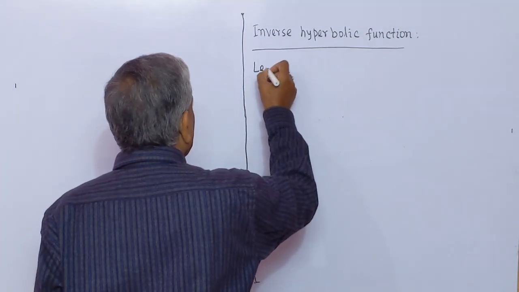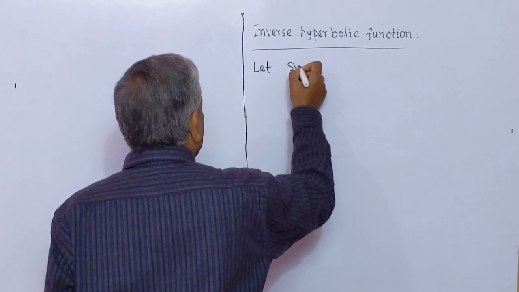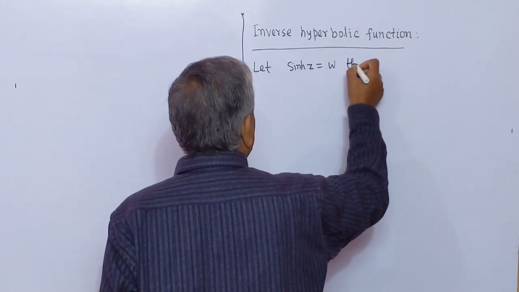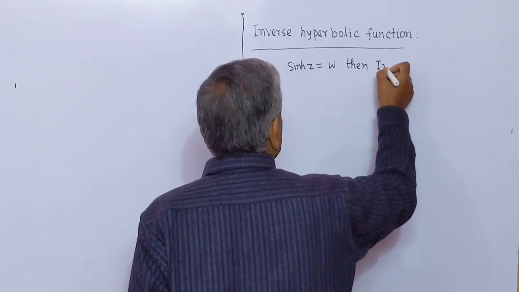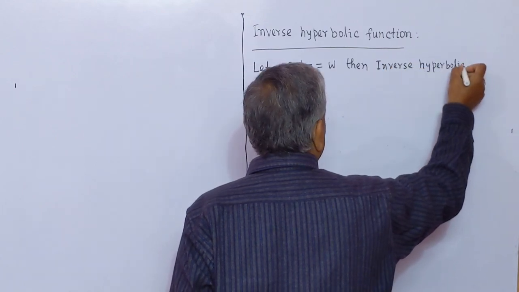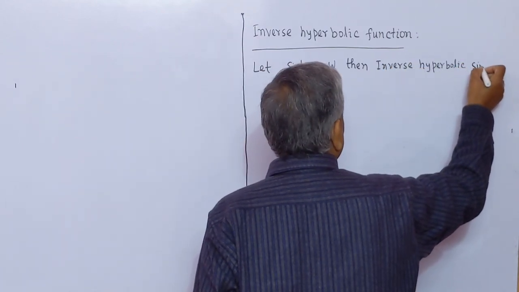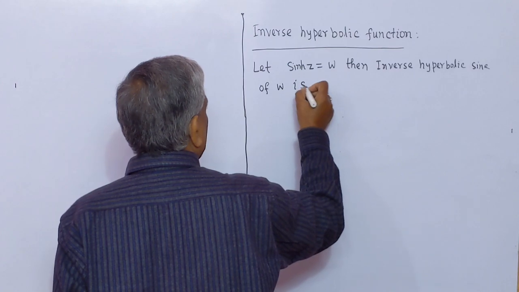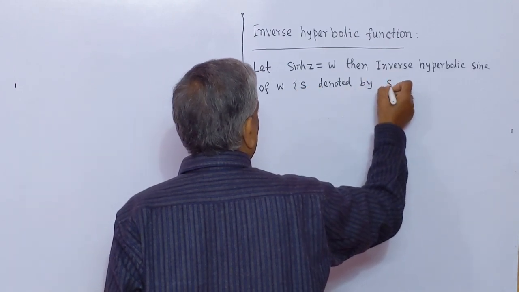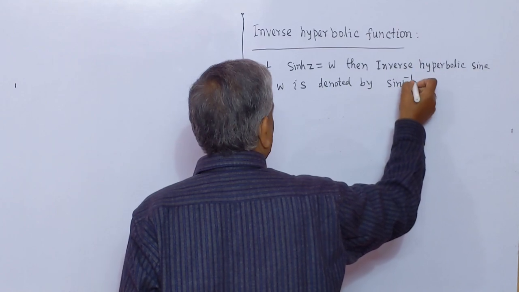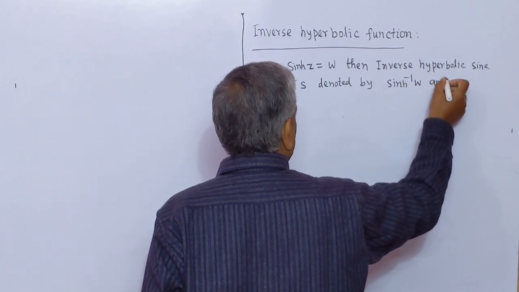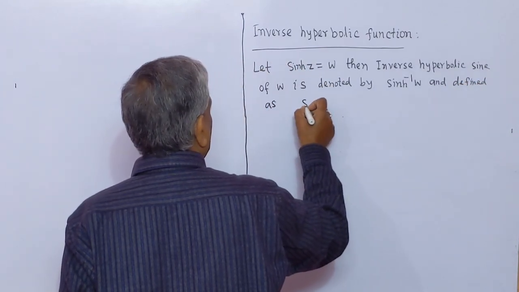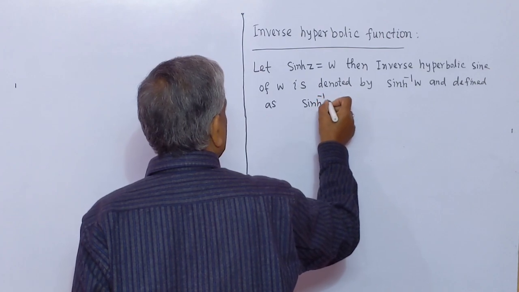Let hyperbolic sine z equal w, then inverse hyperbolic sine of w is denoted by sine hyperbolic inverse w and defined as sine hyperbolic inverse w equals z.